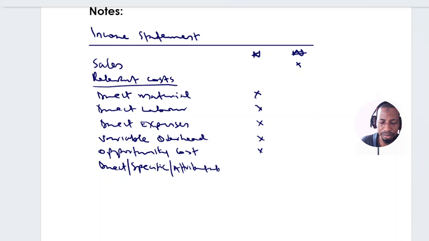If you have incremental fixed cost, it's also relevant. So you add up all the relevant costs together, then you subtract them from the sales value to have either a positive or negative contribution.